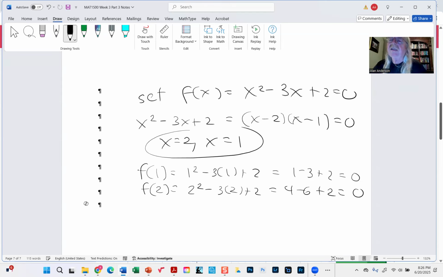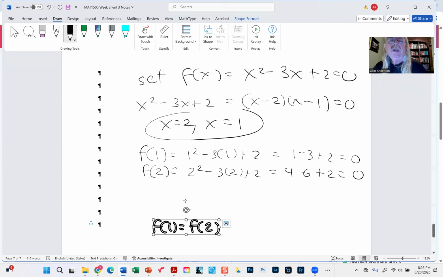But the important thing is that it's the same at both points. And because it's a polynomial, it is smooth and continuous everywhere. It is differentiable everywhere within that interval, which means that Rolle's theorem holds.